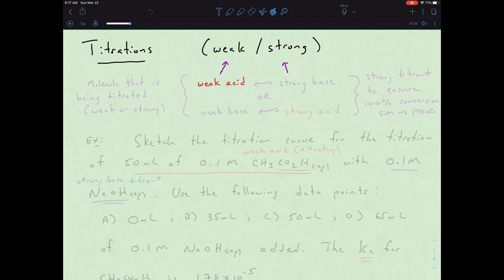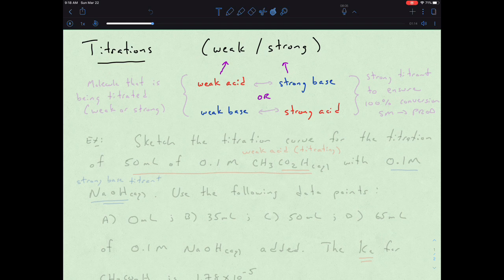So we could have a weak acid that we're titrating, and then we would use a strong base titrant for that type of titration. Or we could have the flip of that, where we have a very weak base that we're titrating, and in order to do that, we would have to use a strong acid titrant.